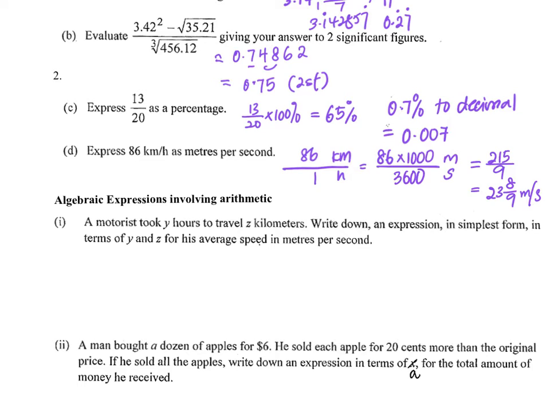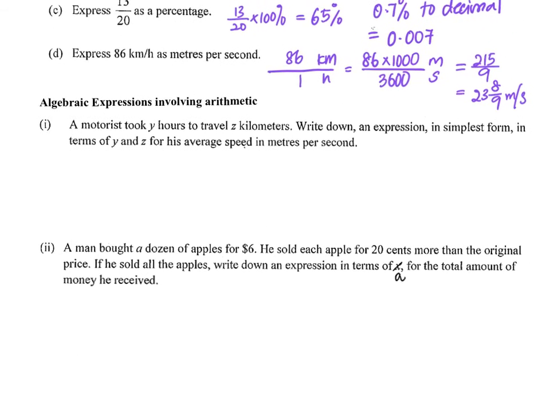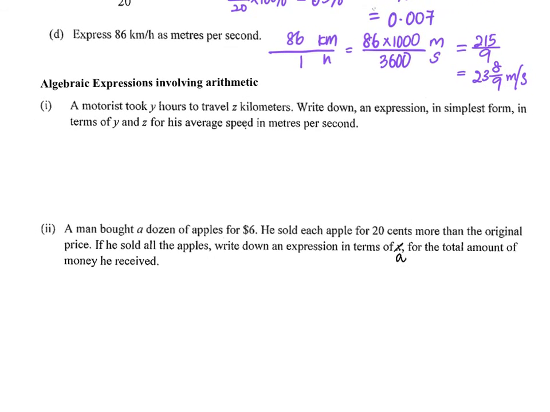Okay, next part. Now, algebra. This is Sec 1 basic, but I don't know whether I can remember or not. A motorist took Y hours to travel Z kilometers. I want to find the average speed. How do you find speed? Distance divided by time. The distance is given to be Z, but in kilometers.